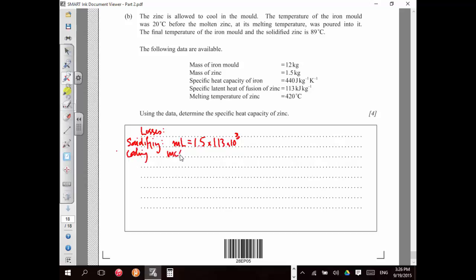That's mc delta T, which is 1.5 times C times, solidifying, really it's a loss, so we're going to make both of these negative. Or actually, no, let's leave it as it is. Okay, the cooling is 1.5 times C times the final is 89 and the initial was 420.